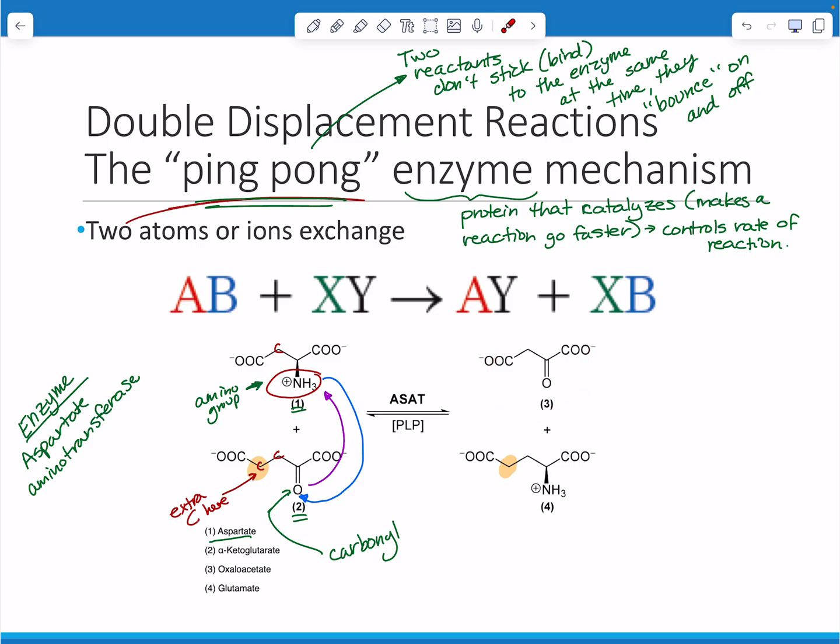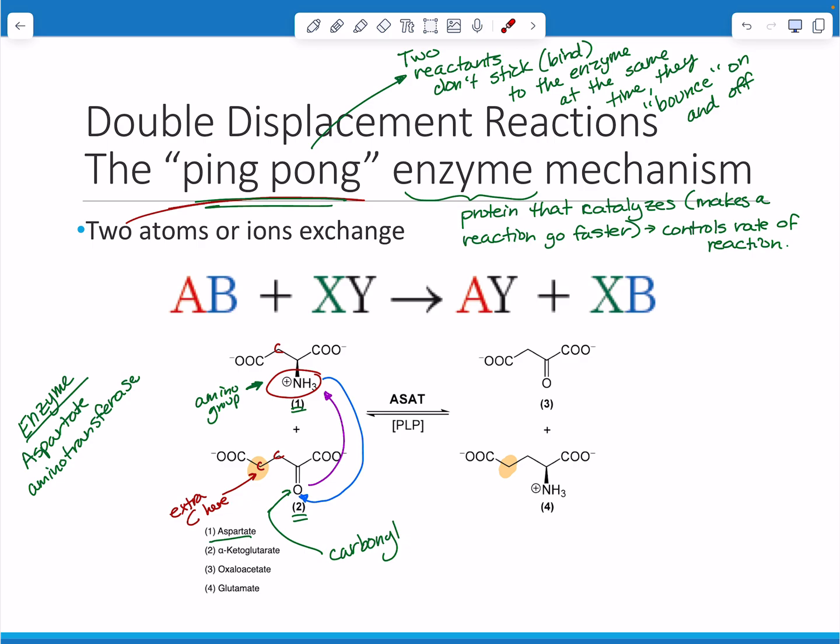Then the alpha-ketoglutarate binds to the enzyme, and the enzyme gives it the amino group that it took from the first reactant. Once that has been transferred, that product, which is called glutamate, comes off of the enzyme.